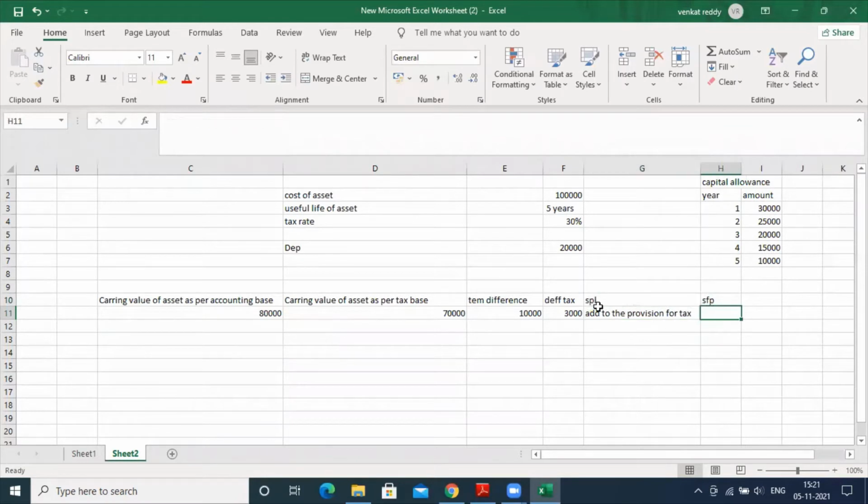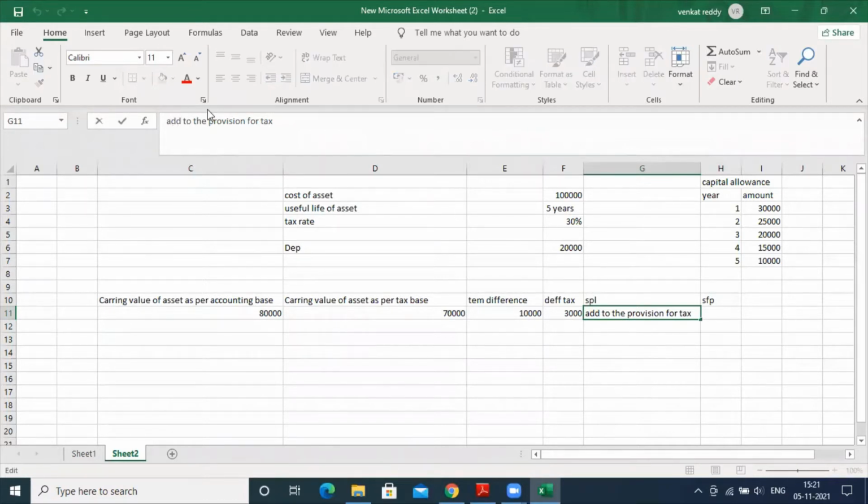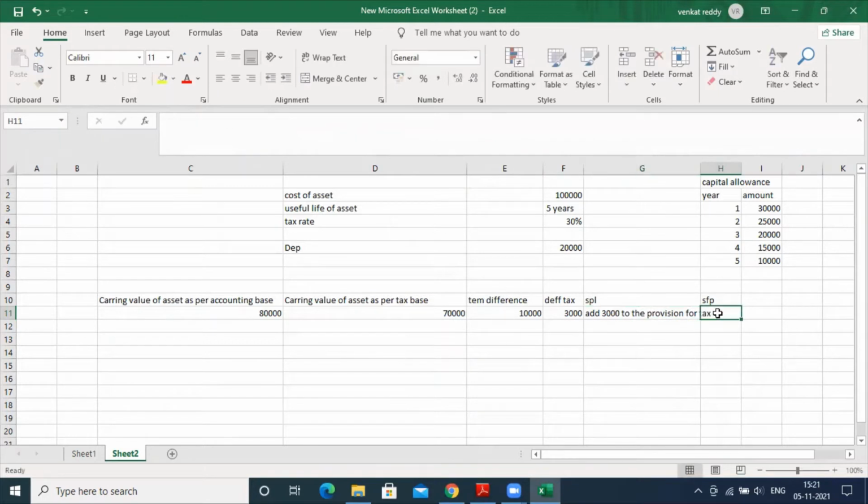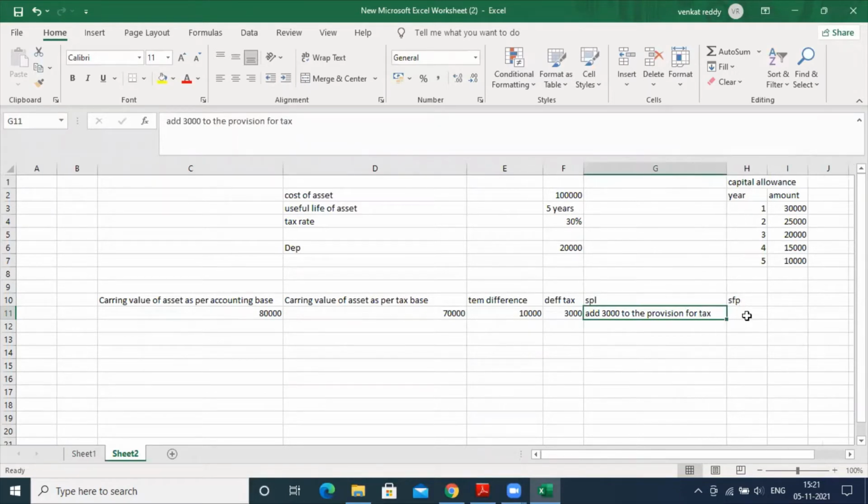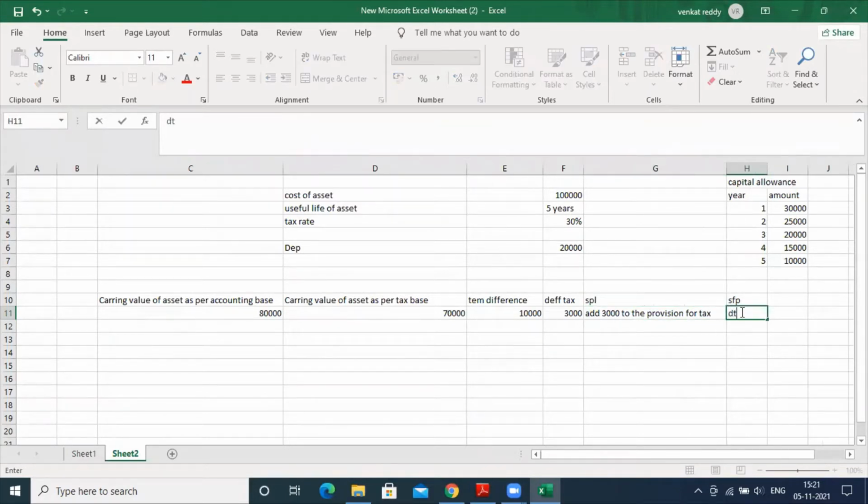And in the statement of financial position, we will recognize this 3,000 as deferred tax liability. So this is the treatment for the first year.